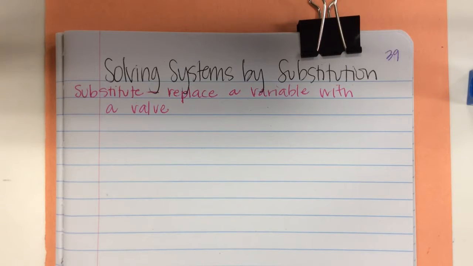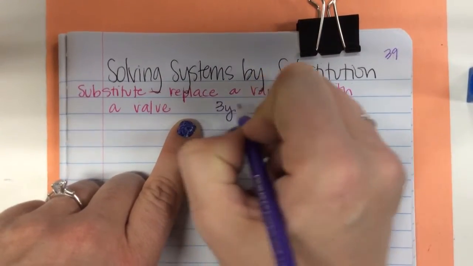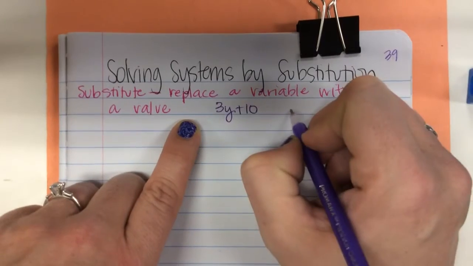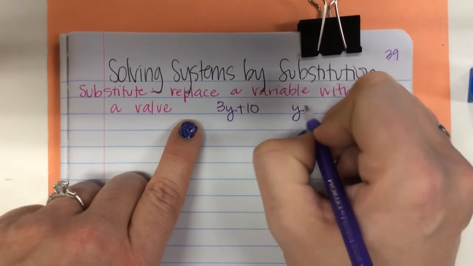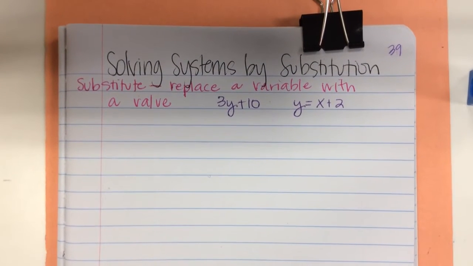Today, it's a little bit more complicated. For example, if I give you the expression 3y plus 10, and I tell you y equals x plus 2, what are you going to substitute?